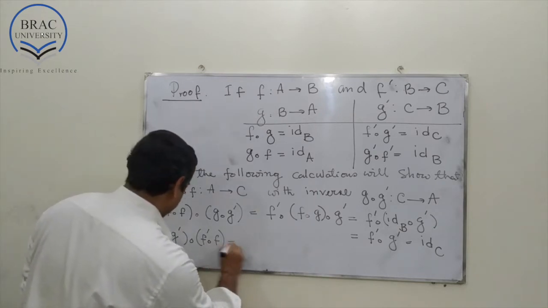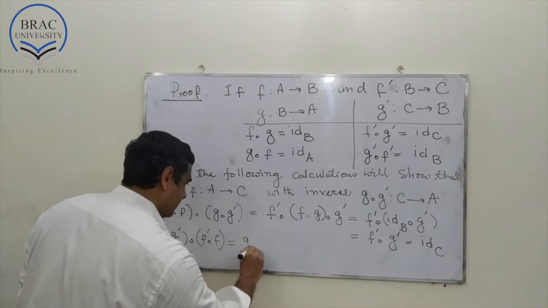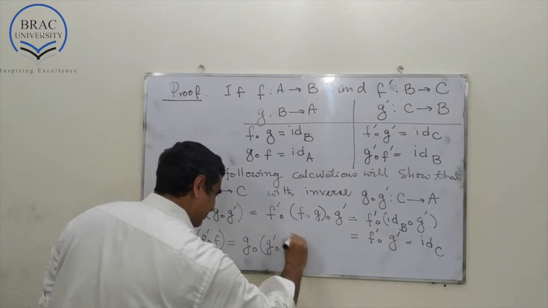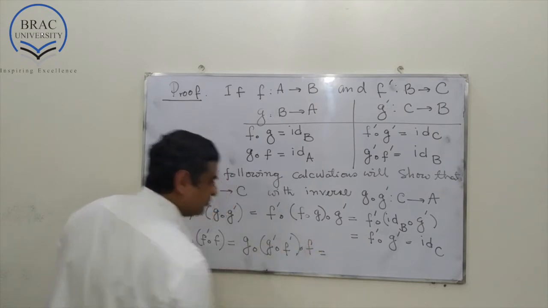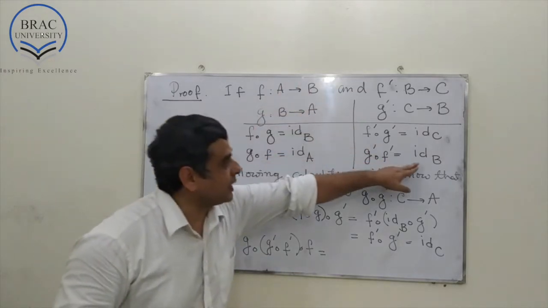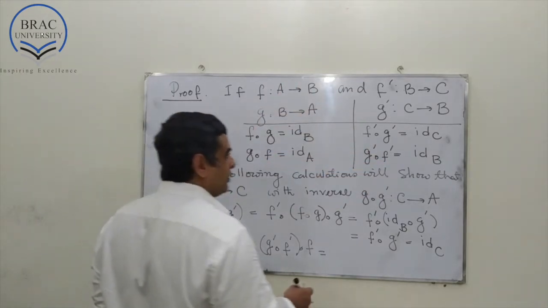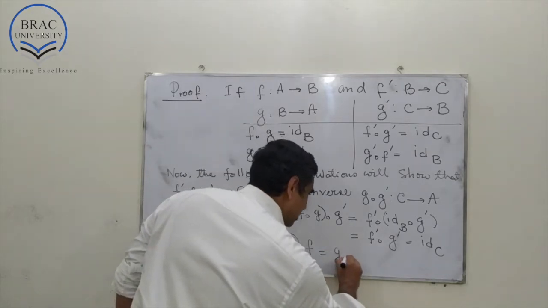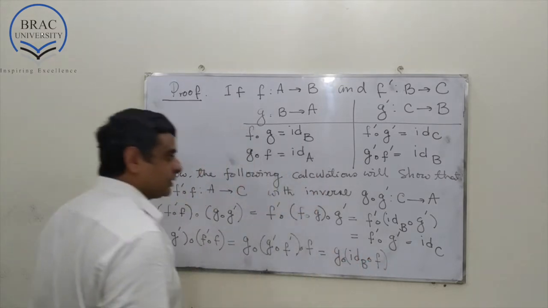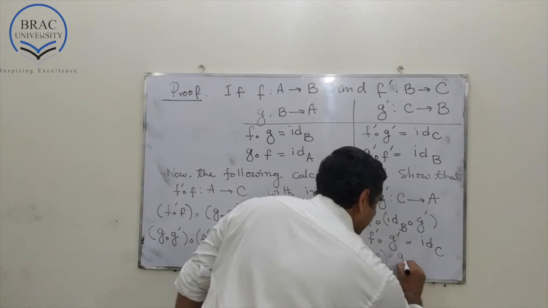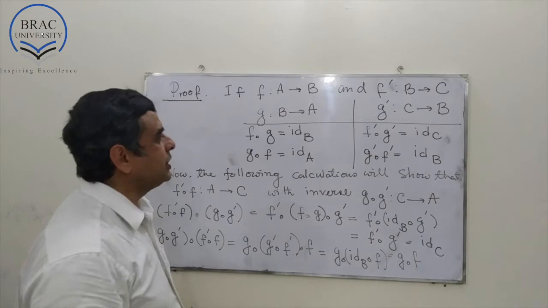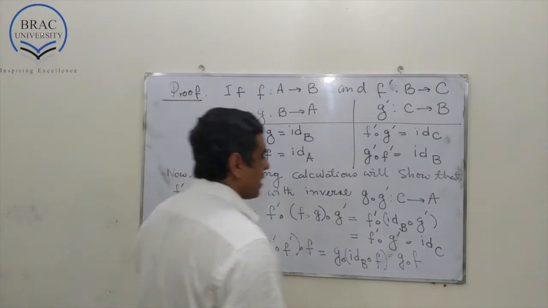We see immediately, again invoking associativity, that G prime composed with F prime is the identity map on B, composed with F. Then we perform this composition first to get the function itself. And what is G composed with F? It's the identity map on A.